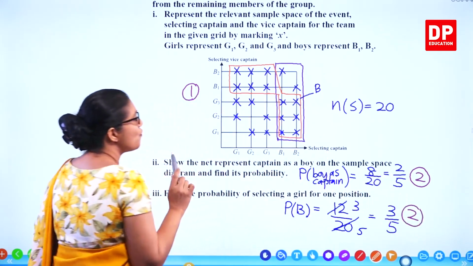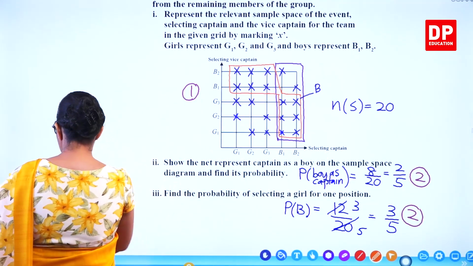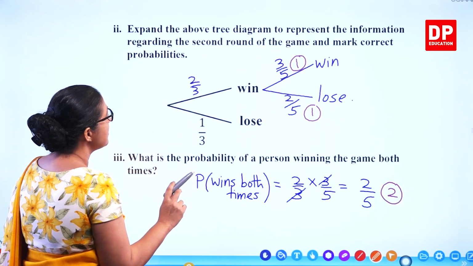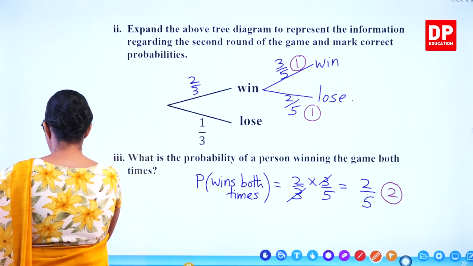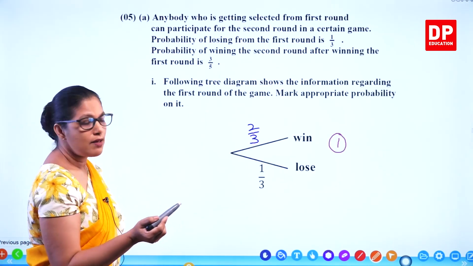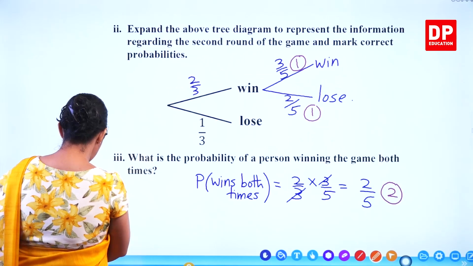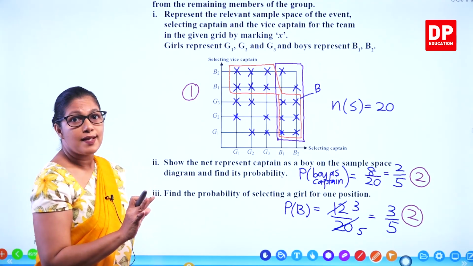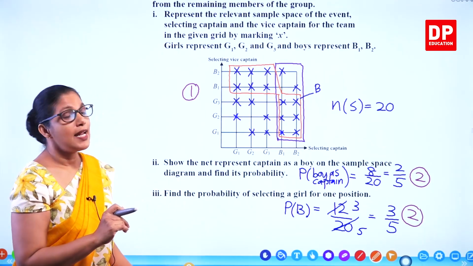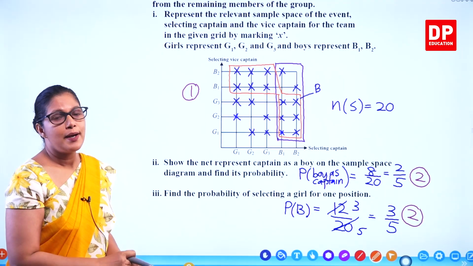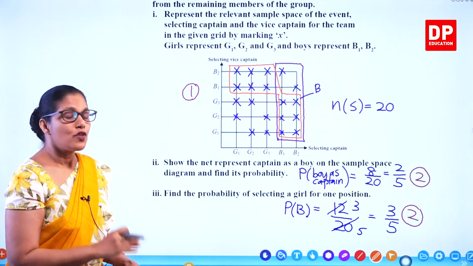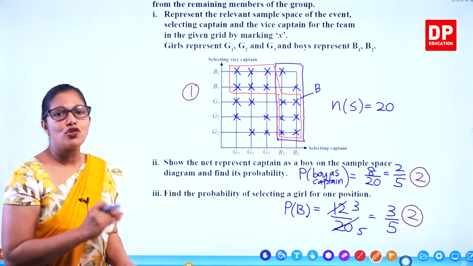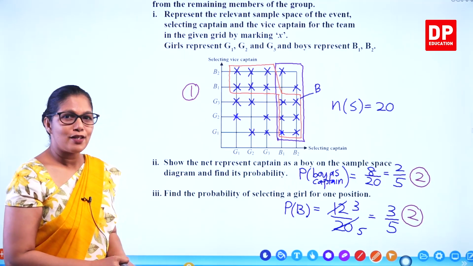So 2, 2, 4, 5 here, and then 5, 6, 7, 8, 9, and this one 10 altogether. So we completed the 5th question. So this is the last question in paper 1 and this is part B. So complete the paper first and then watch my video to check your answers.